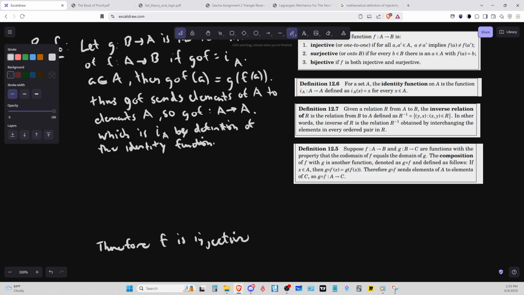Okay. So yeah, we have to write the definition of injective. Okay, so for all A and A prime, A is... so. Now the question is, do we write this through contrapositive or through direct proof?